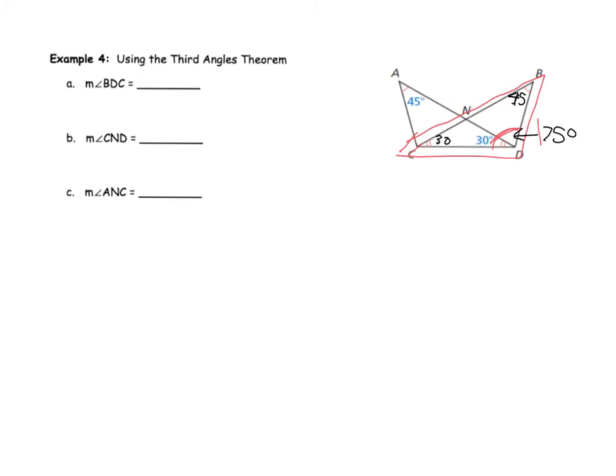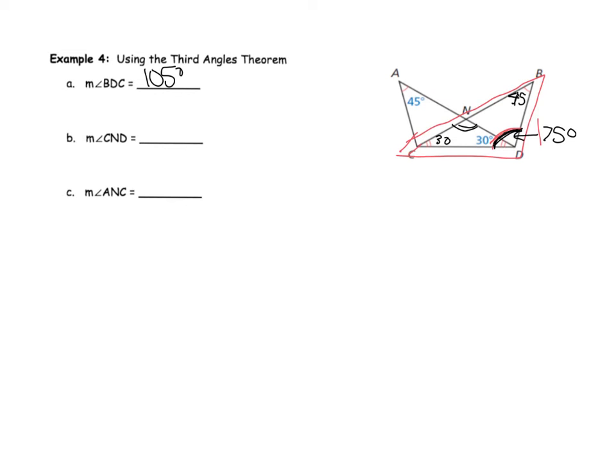So for the first question, which was angle BDC, which was this whole angle here, those two pieces together, that would be 75 plus 30, which would give me 105 degrees. Now for the next one, angle CND.